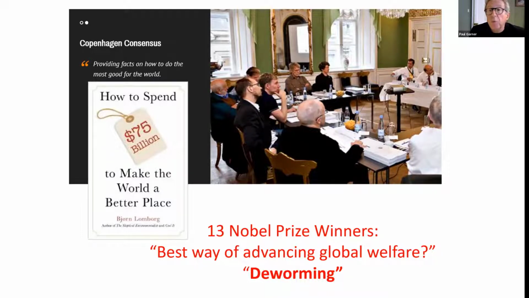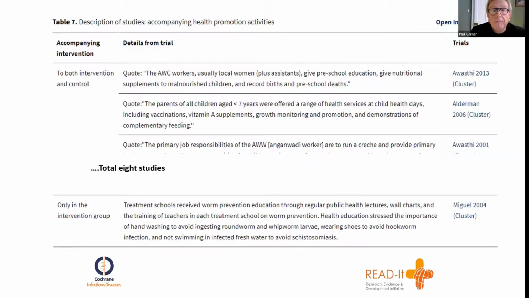And they considered one study of deworming and decided that this was how they would spend their 75 billion if they had it. Again, if you look at the review of about 40 studies, the only study that shows a small effect on attendance at school is this one at the bottom, the Miguel study.